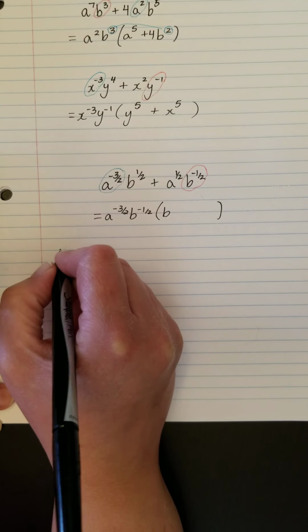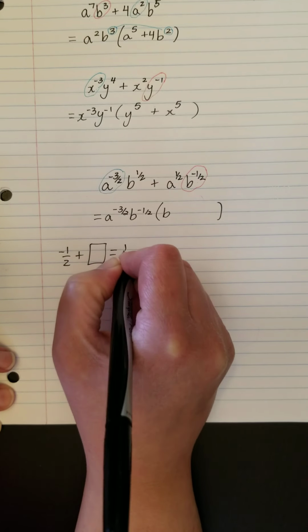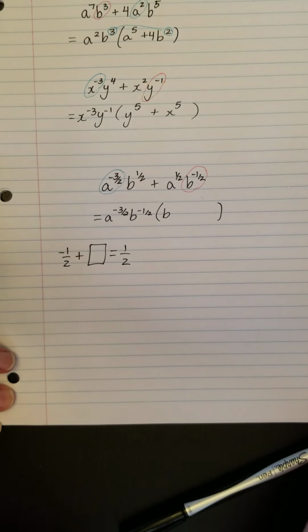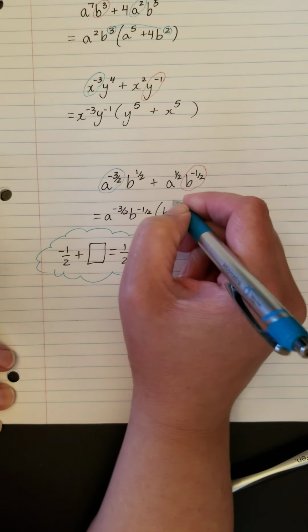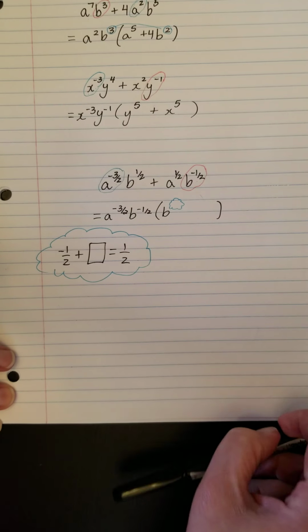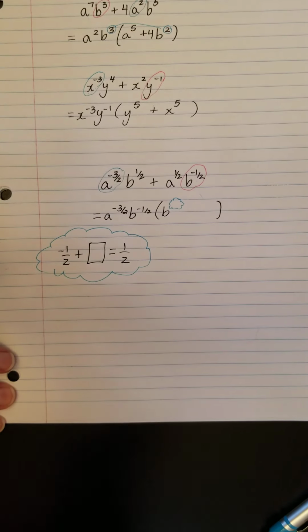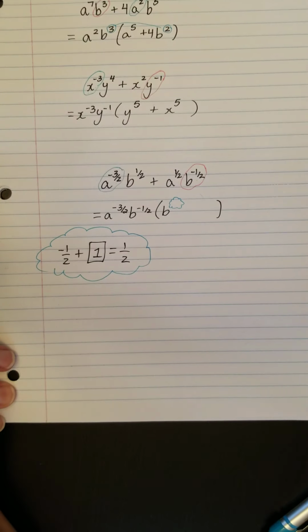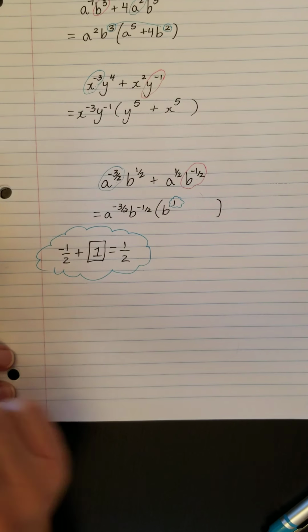I'm going to have negative 1/2 plus something equals 1/2. That's what I'm thinking about for the exponent for my b. That's my thought process to get that. And most of you will be doing this just in your head, which is fine. And we know that negative 1/2 plus 1 equals positive 1/2. So that would be just b to the 1, or just b.